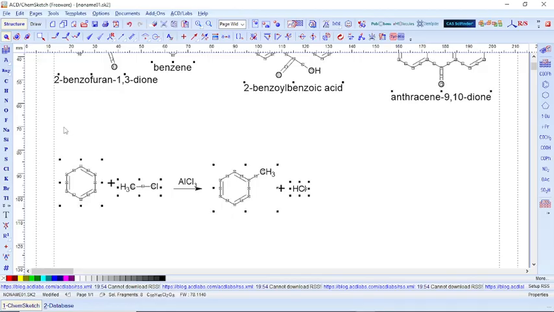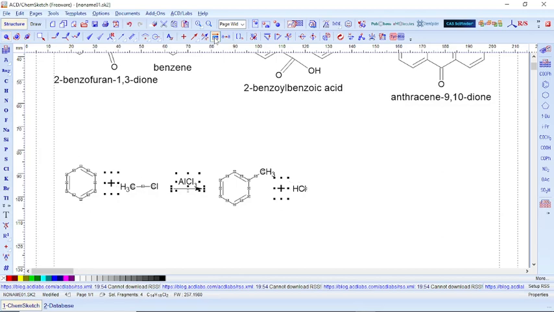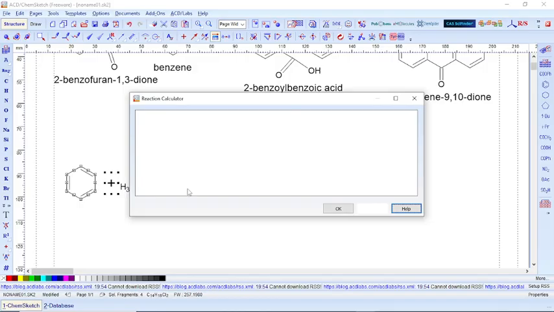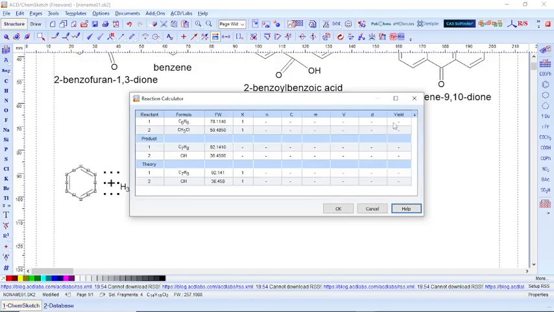Let me quickly highlight it. Just select the reaction of your interest, click on the reaction calculator, then come here and click. Once you click, it will tell you that you have two reactants and two products.